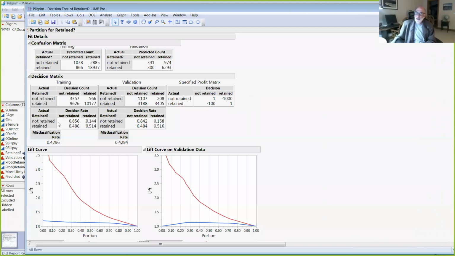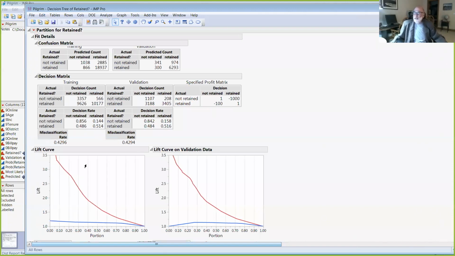So it doesn't want to predict that we will retain customers that are not retained. It's willing to make lots of mistakes. Almost half of the people that are actually retained, it predicted would not be retained. We sent out a lot of free offers to people that was not necessary, but that's because I made these errors so asymmetric.